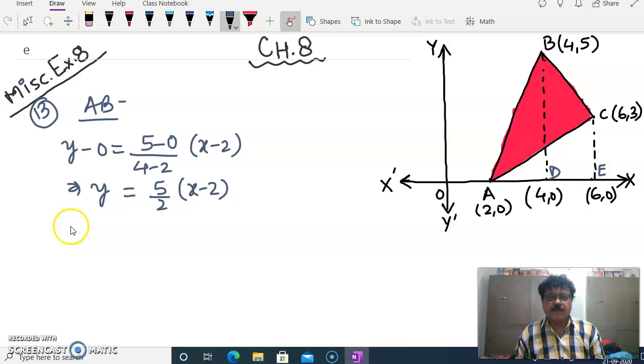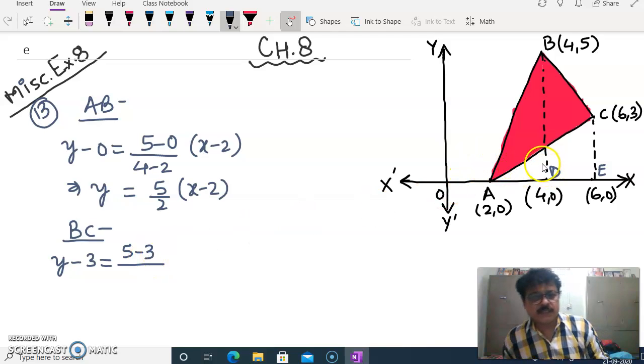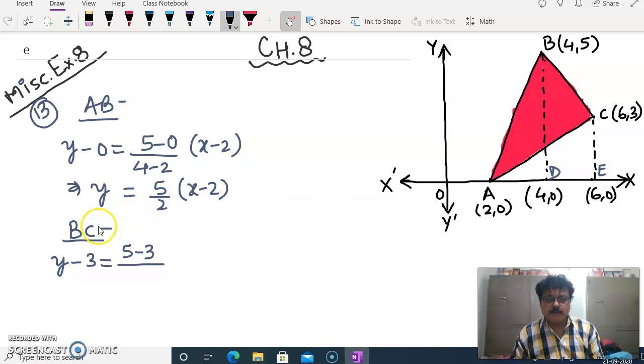Similarly, the equation of BC will be y minus y1 is equal to, we can take either B or C as (x1, y1). This is the choice which you have with yourself. So (y2 minus y1) upon (x2 minus x1) into (x minus x1).